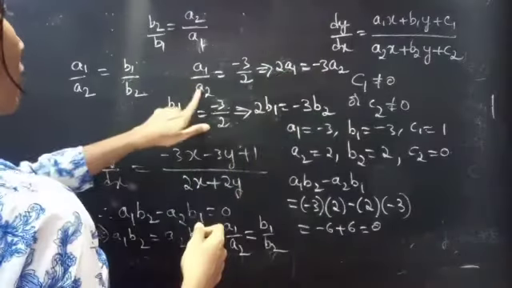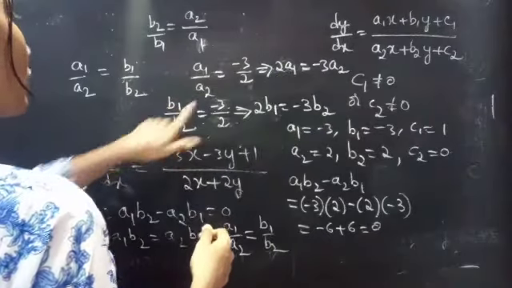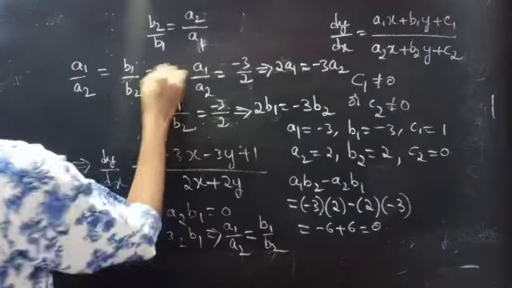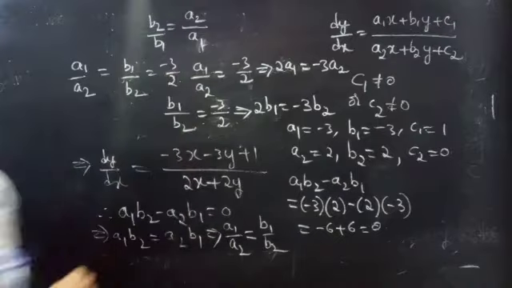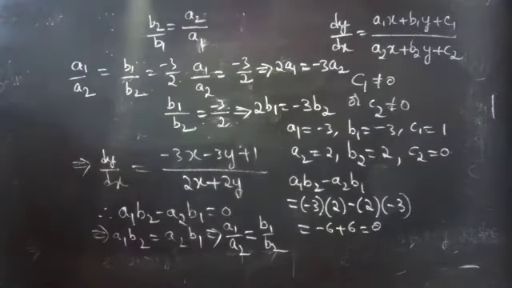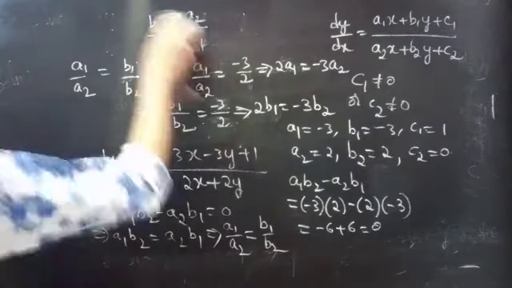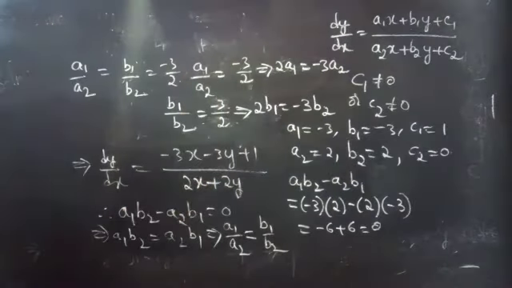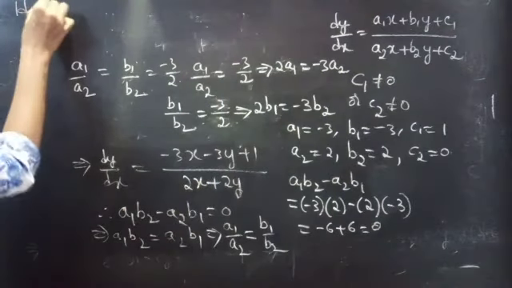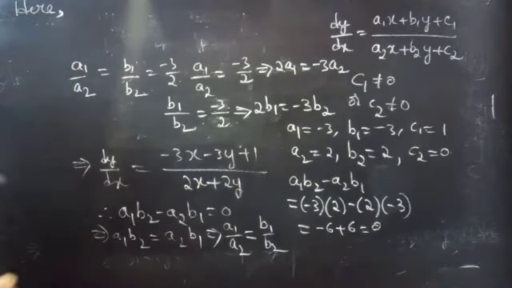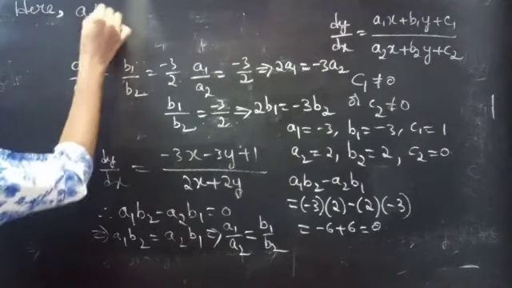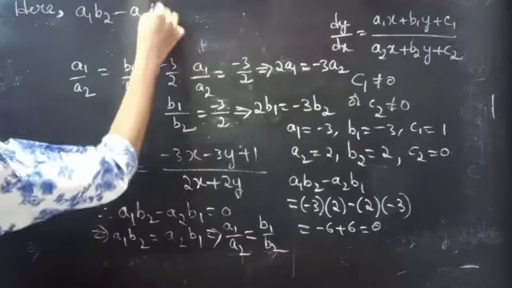So here a1 by a2 equals b1 by b2 equals minus 3 by 2, and a1 b2 minus a2 b1 equals 0.